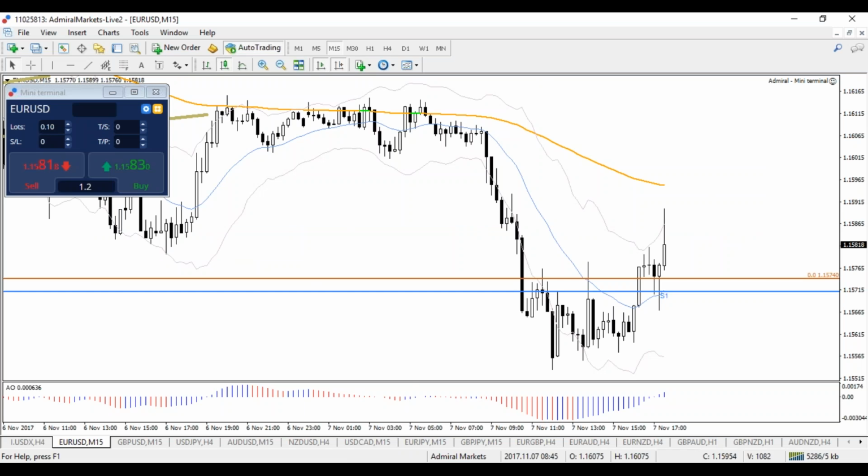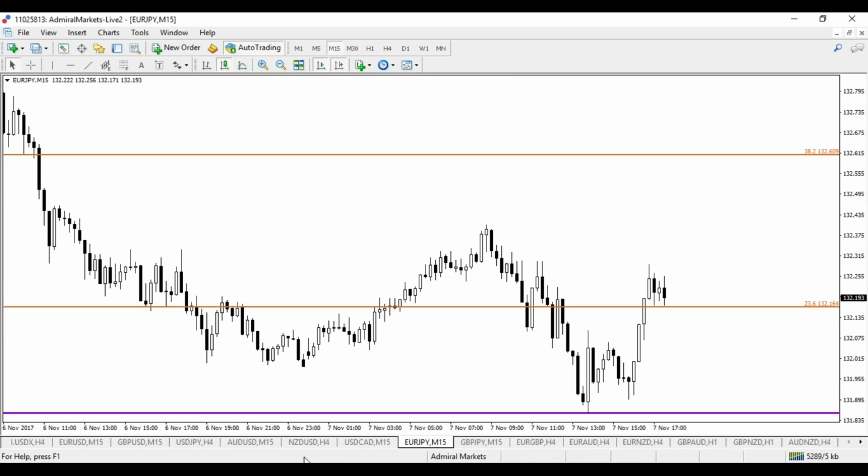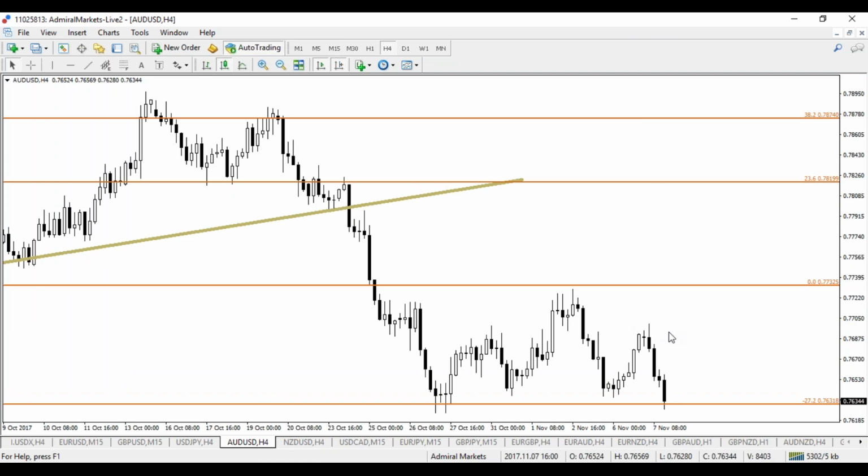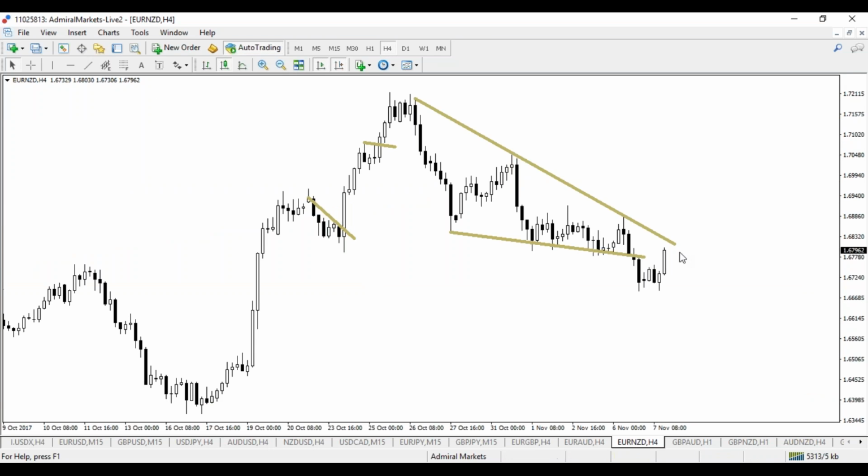Today, no particular setups right here, right now, but if you are in the Aussie downside or euro dollar downside, I think that the Aussie could be moved to this stop loss right now. It's breaking, so that risk can be reduced as well, in my view. Euro New Zealand, it depends.